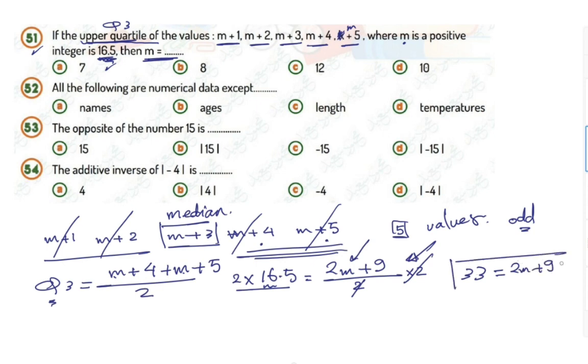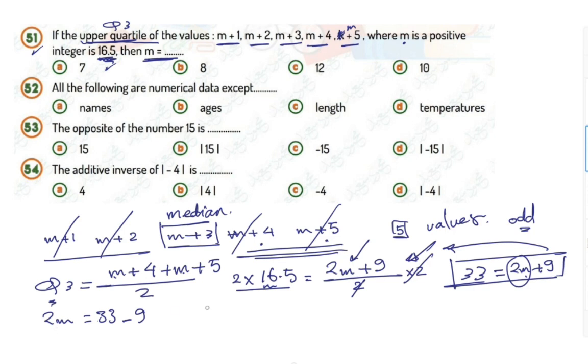I have this equation here. Let's continue. I need to find the value of m, so send this 9 to the other side. Here we have 2m, which I can keep on the left side, and 33 on the other side, and I sent this positive 9 to the other side as negative 9.